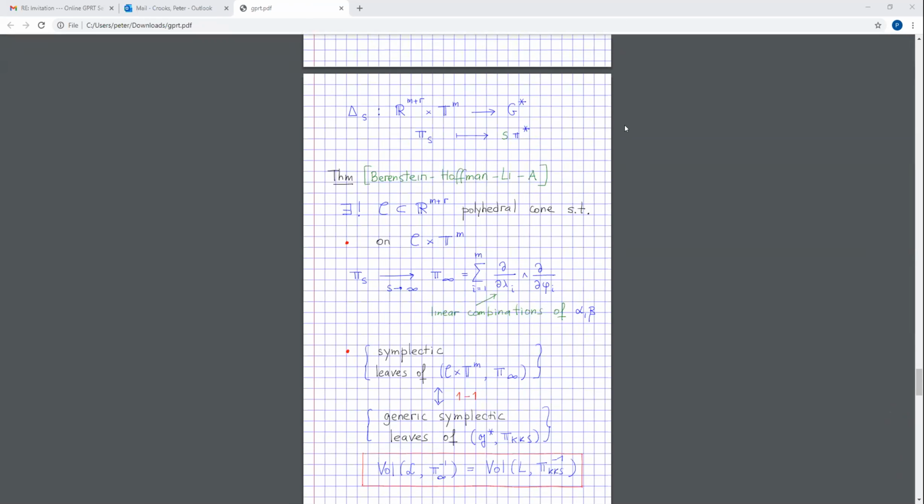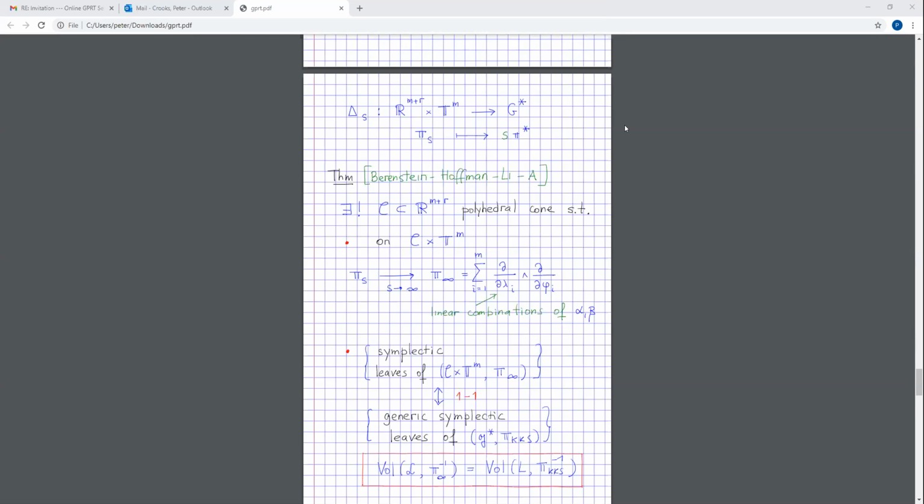It depends on s. And let me denote by pi s the Poisson structure in those coordinates. This means that if we map this R to some power times the torus to G star using those coordinates, then this pi s will be mapped to s pi star. And here is one of the results that I wanted to present to you today. It's due to Berenstein, Hoffman, Lie, and myself.